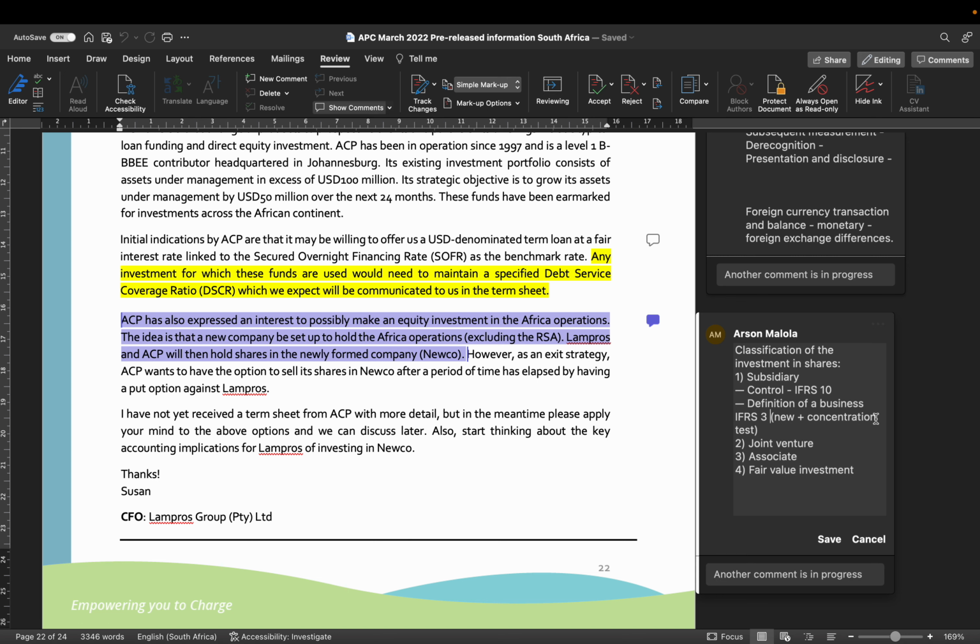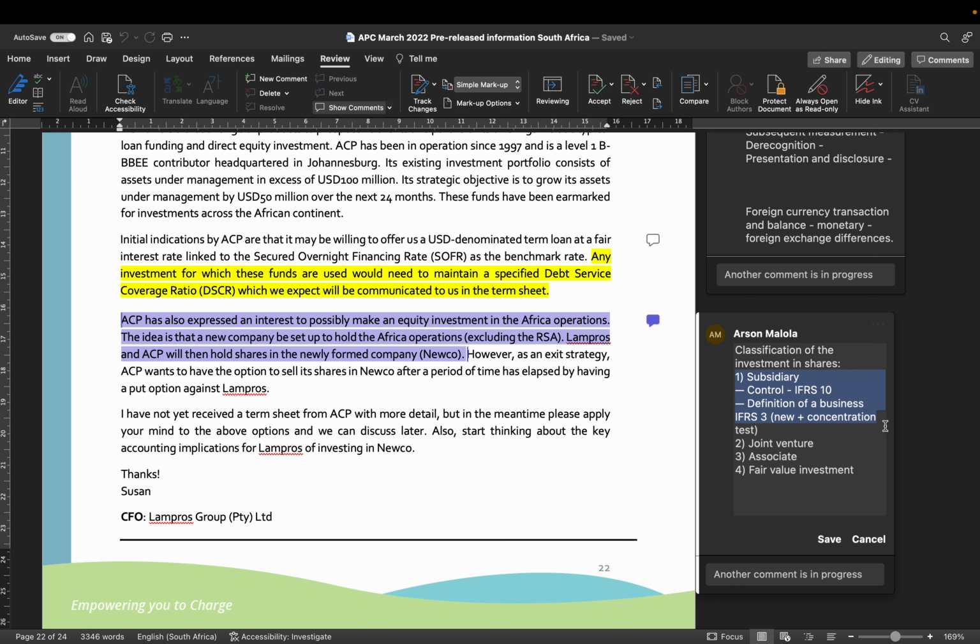Okay, so be careful with this one, the first classification. There are two pieces to it. First, you need to consider whether the investor, Limpros in this case, has control over the investee, NewCo in this case. And then you need to consider whether NewCo meets the definition of a business, to determine whether or not IFRS 3 is applicable, which includes the new definition of a business and the concentration test.